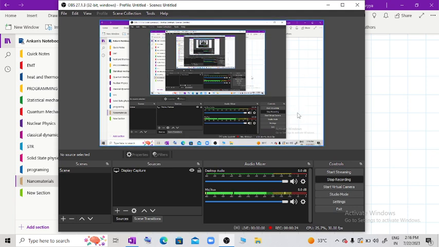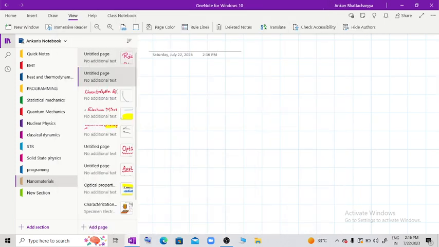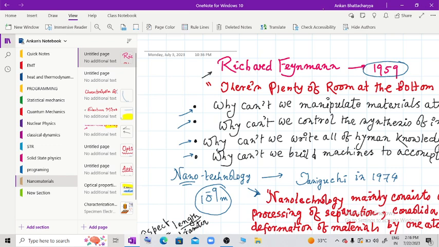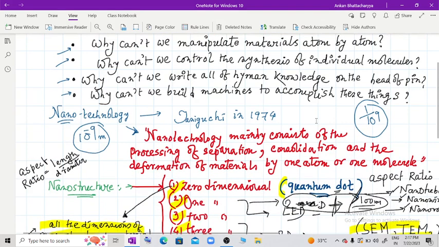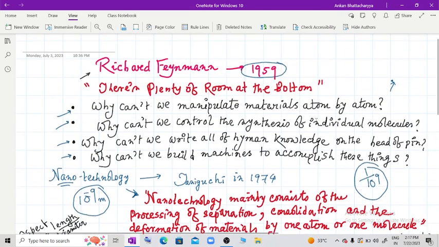So in the last lecture, I discussed the introduction to nanotechnology and why it has become very important in the present context. It was Richard P. Feynman who first assumed that we can construct these types of materials.